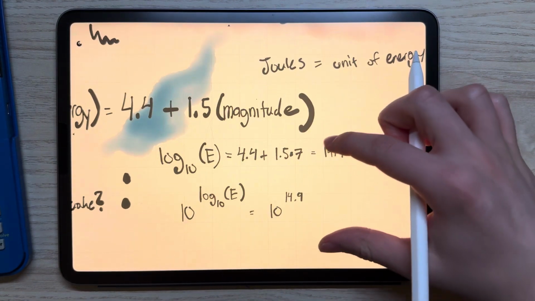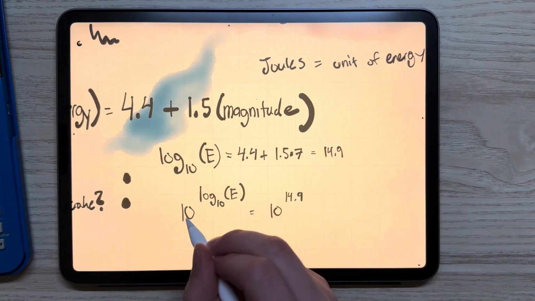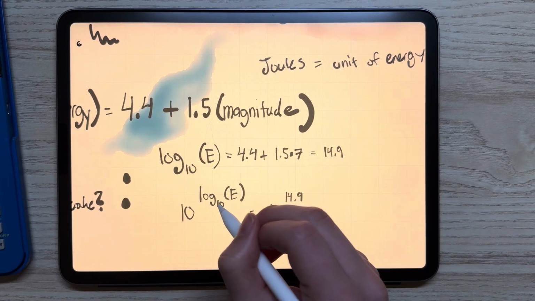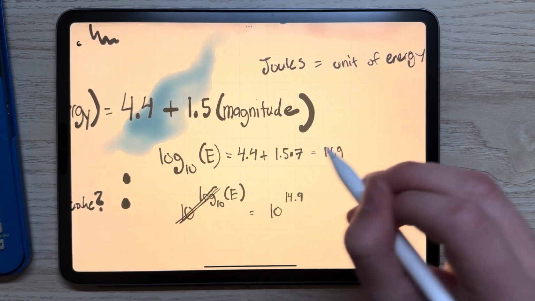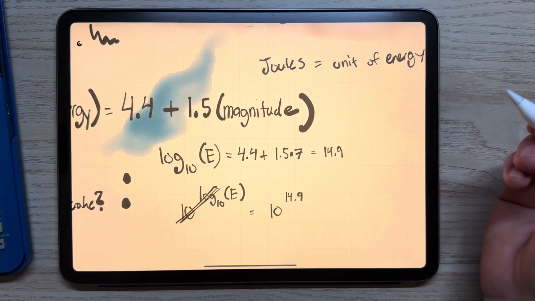But now here's the good part. 10 to the power of log base 10 cancels because those are inverse functions.